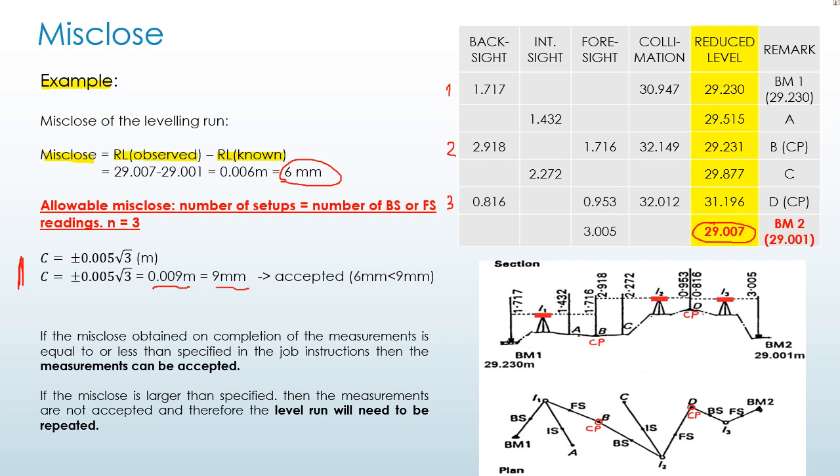So here it's acceptable because you only have 6 mm error at the last point, benchmark number 2. If the misclose is larger than the allowable error, then the results are not accepted and the level run will need to be repeated.